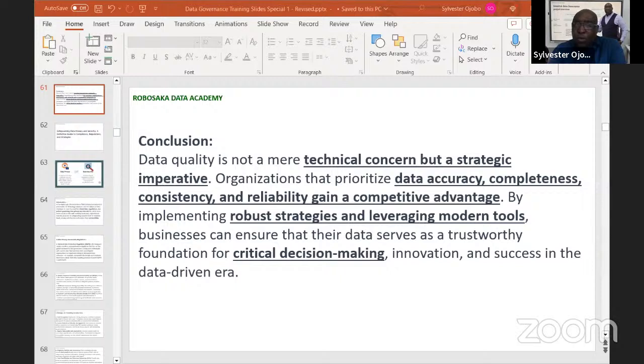Through strong strategies and cutting-edge tools, businesses can guarantee their data forms a solid bedrock for crucial decision-making, innovation, and triumph in this data-centric age that is so dynamic and driven in the digital world. So you can bring so many kinds of definition to conclude. That is what it is.